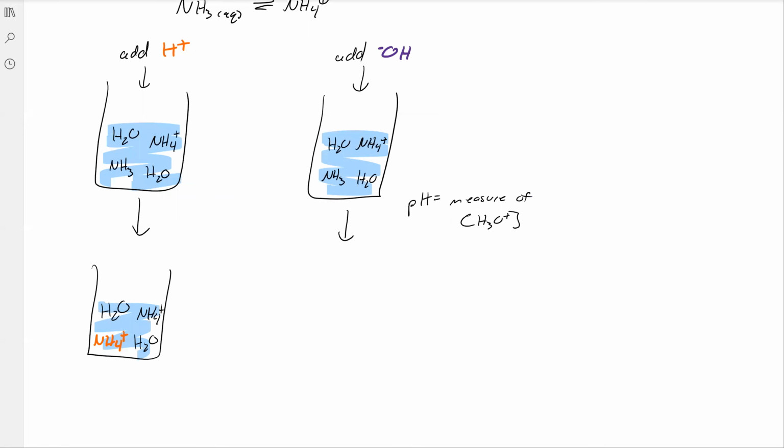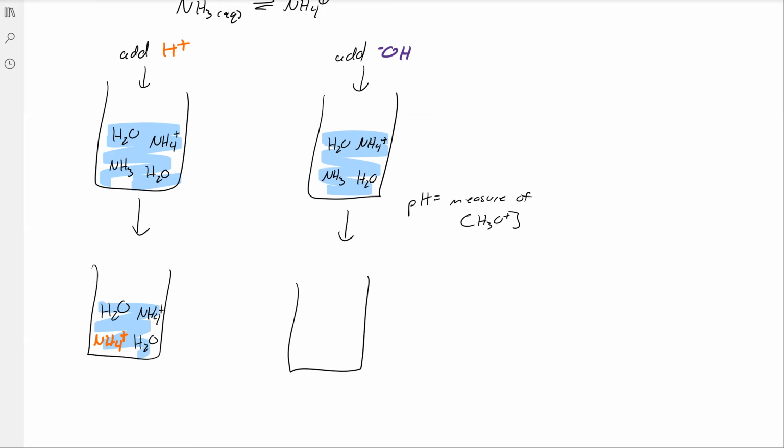So if we take the pH of this, we'll notice that we haven't changed the concentration of H plus or H3O plus because it's been absorbed by this NH3. And so there is no change in pH. Same thing over here.